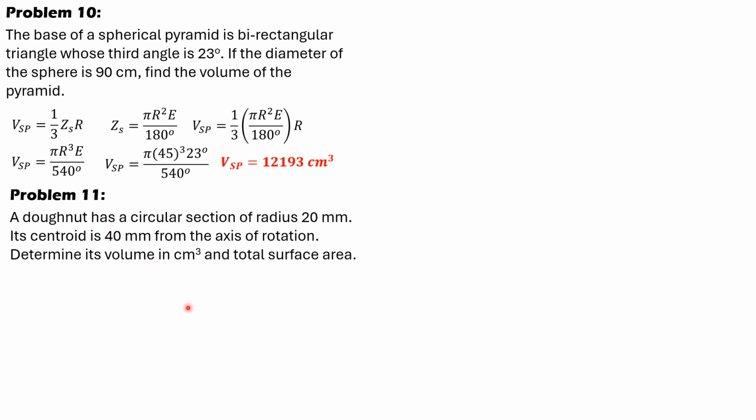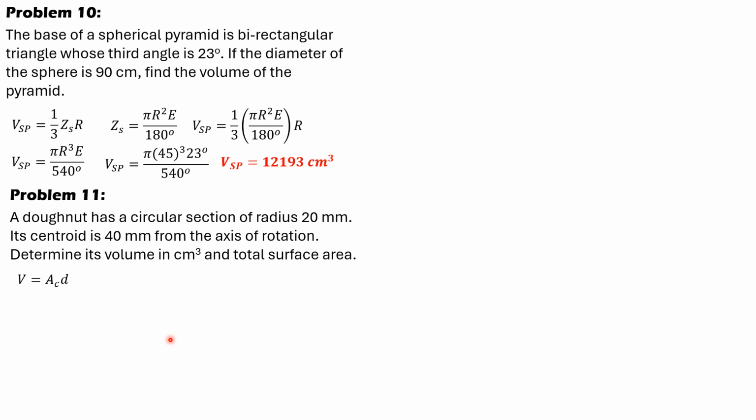The volume, by the second proposition of Pappus, is the area of the circle, pi times 2 squared, times the distance traveled by the centroid, which is 2 pi times the radius of revolution, 4 cm. Without memorizing the formula, volume equals area of the circle times distance.